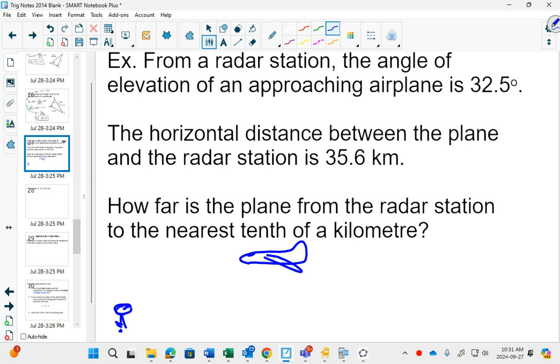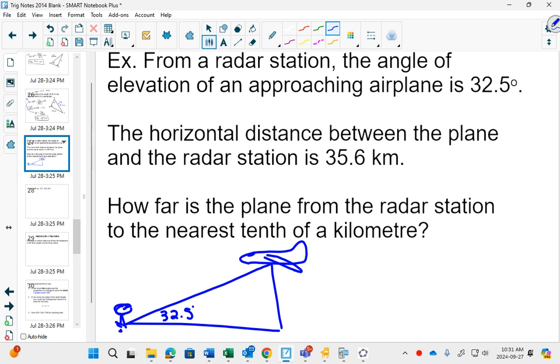How many people put it on the other side? Perfect. It doesn't matter. You're going to make the same triangle anyways, looking from the side. And now we have to label some stuff. It says the angle of elevation is 32.5. That's from a horizontal line looking up. So this is your angle of elevation.